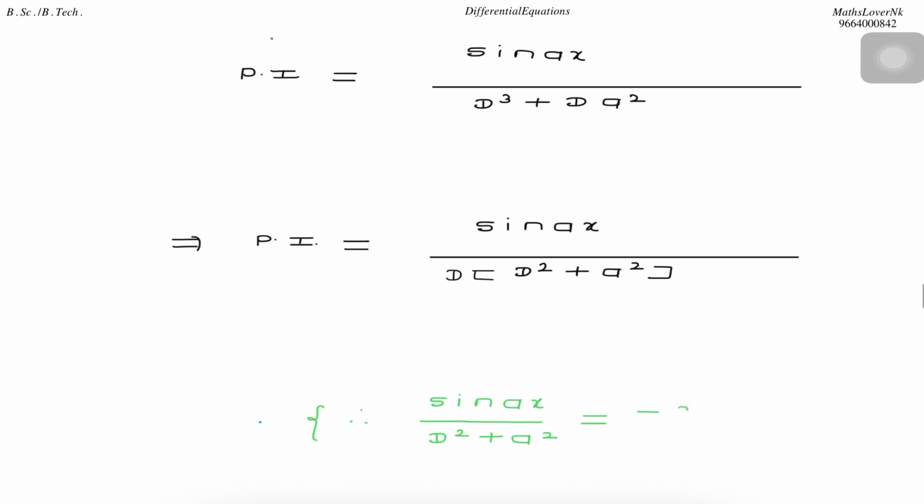we can write as minus x upon 2a cos ax. That is its identity.